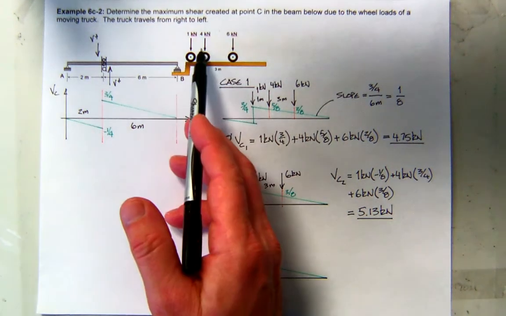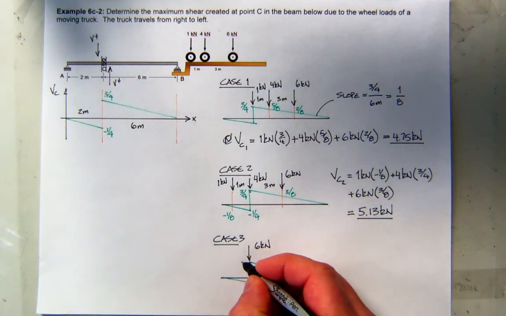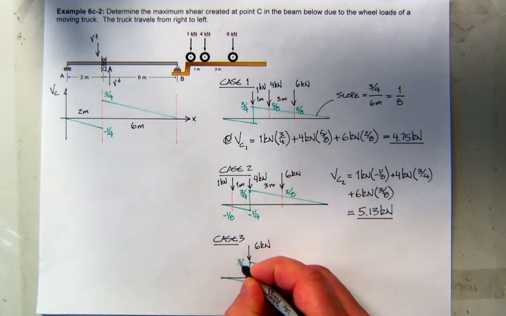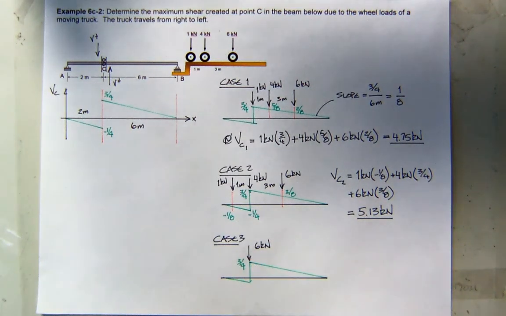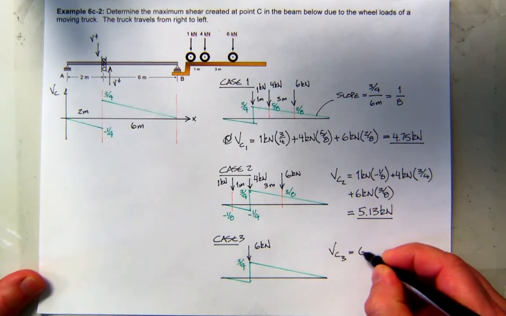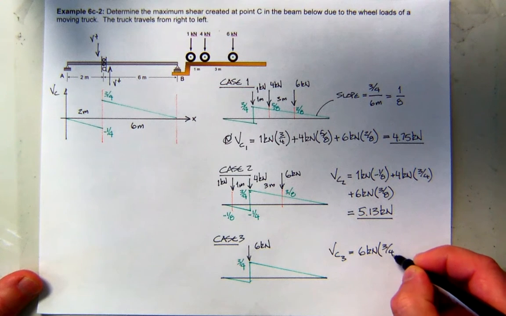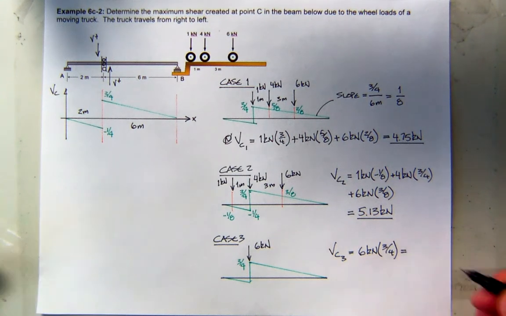And then the front force is a meter forward, so it's off too. That's it. So this one's not too bad. That height there was 3/4. So the shear at C for case 3 is just 6 kilonewtons times 3/4, which is what, 4.5?